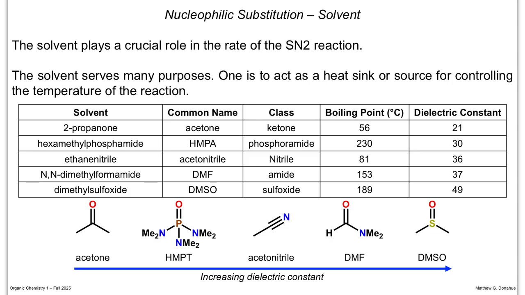The next thing is the solvent. We want to be aware of the factors or influences that are important for the solvent, which is an organic molecule in and of itself. How does that influence the conversion of the reaction and the rate? So solvents really have many purposes.